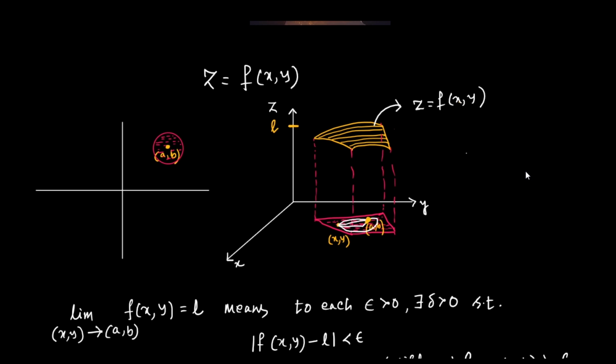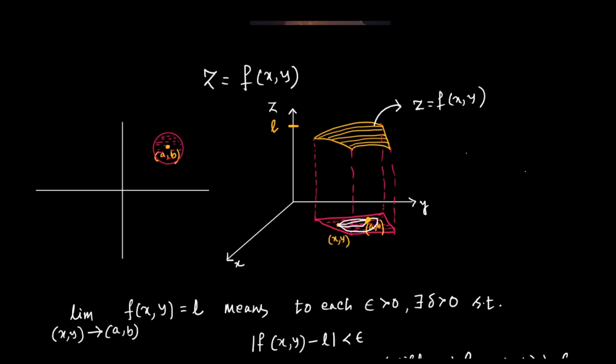The definition says whenever your variable point (x, y) belongs to this circular neighborhood, as you can see in the left side diagram, if the value of f(x, y) comes closer to L, then we say that the limit of f(x, y) as (x, y) tends to (a, b) is L. Now, (x, y) can come to this neighborhood by any path.